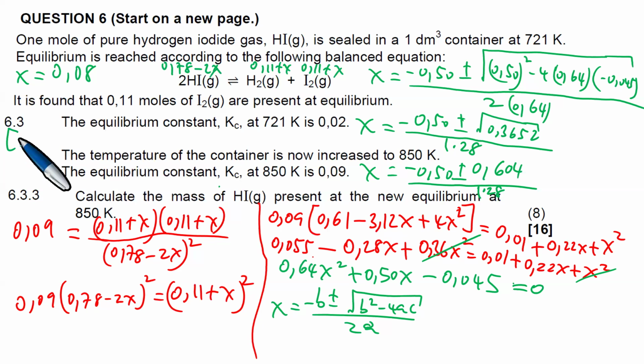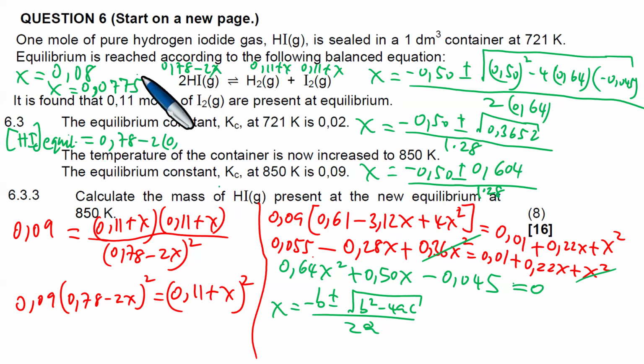We need the concentration of the hydrogen iodide at equilibrium, which is 0.78 minus 2 times the x we've already got. This x is 0.08, but there's a more accurate result, which is 0.0775, if you take more decimal places.